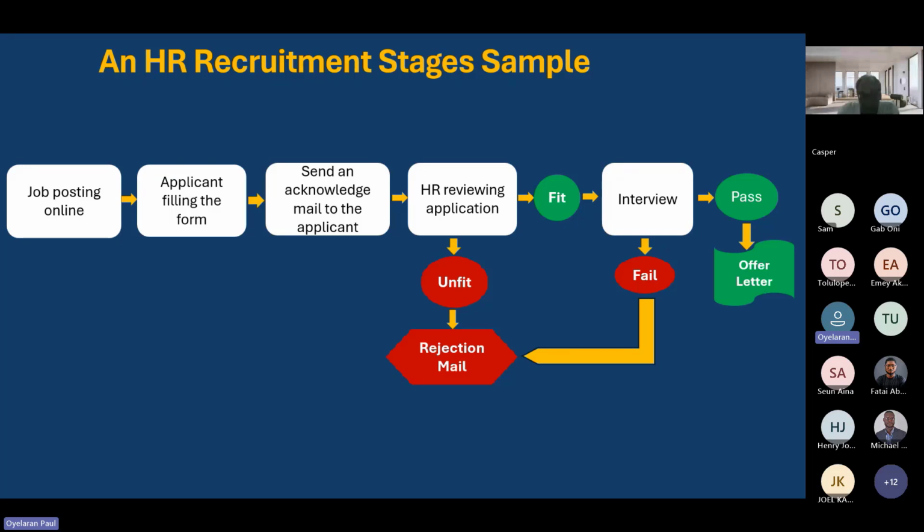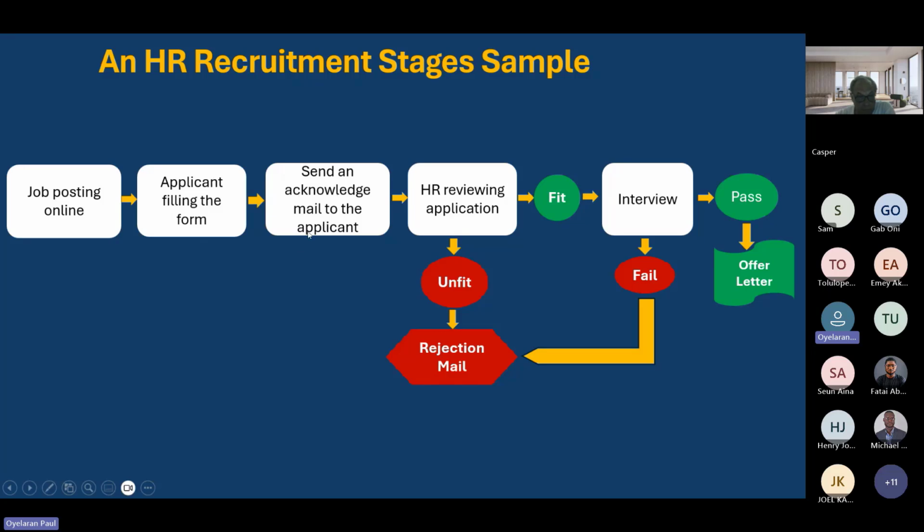But one of the things that HR cannot do as well is that since it's a Microsoft Form, and you are not a member of the organization, you cannot attach your CV or a document when you are filling it. So what I did in that step is that when sending an acknowledgement mail to that applicant, the HR is going to state it, and maybe bold it, inside the Outlook mail that will be sent out: kindly share your CV.